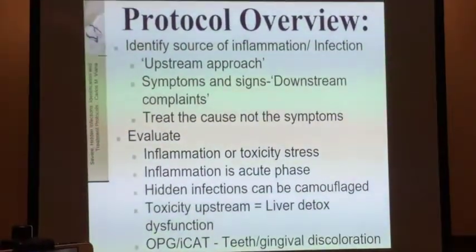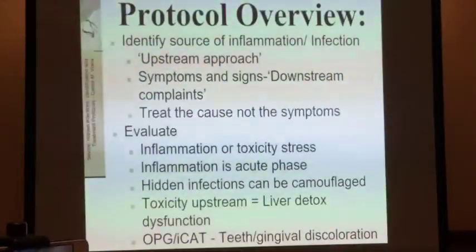What we're doing is going upstream to identify those metabolic imbalances that are increasing the risk factors for disease downstream. So we're not looking into the signs and symptoms. We are not treating the symptoms. We are evaluating the inflammation and or where the toxicity site is.